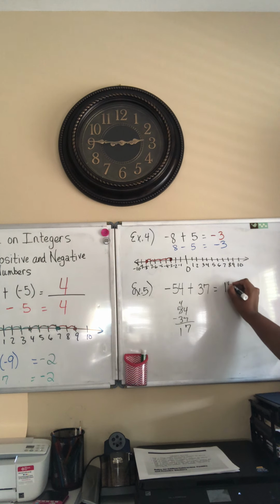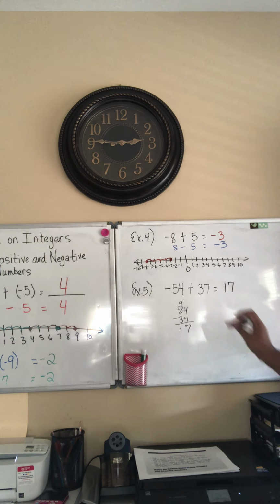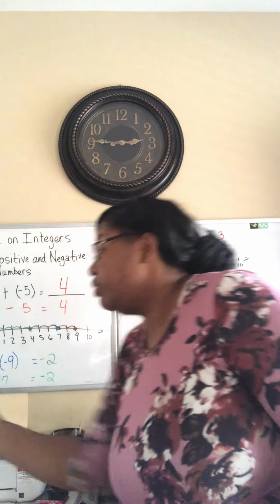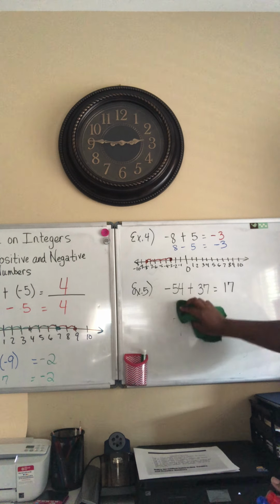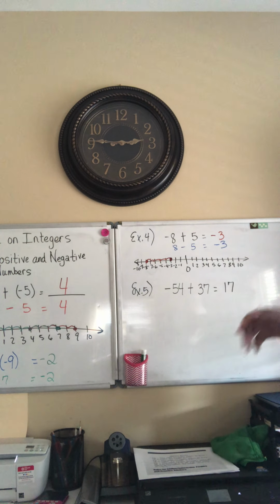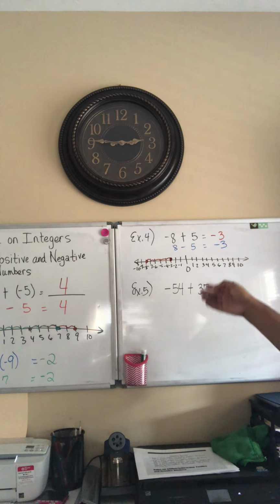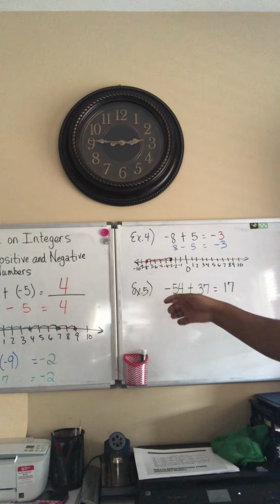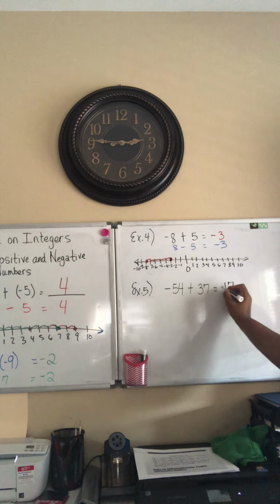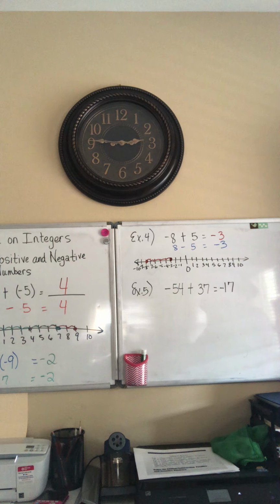All right, so I'm going to put 17 as my answer. Now I've got to check my two values. Which one had the bigger number? The 54 did. The 54 is bigger than the 37. What's the sign for the 54? It's negative. So my sign of my answer should be negative.